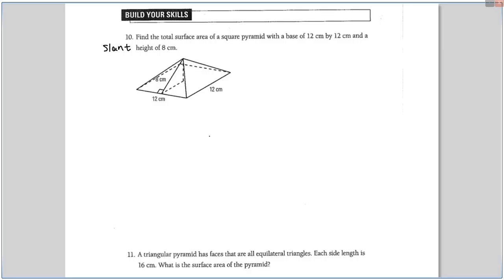This formula is not on your yellow sheet, so you may want to add it. Surface area of a square pyramid is equal to side squared plus 4, and you guys are going to like this one, BS divided by 2.